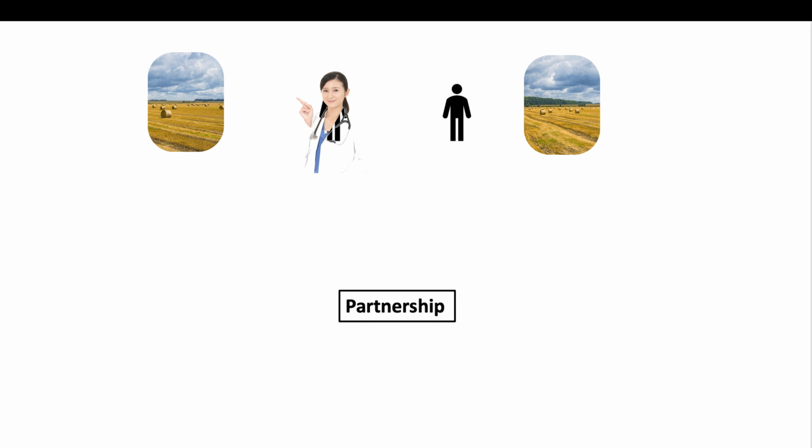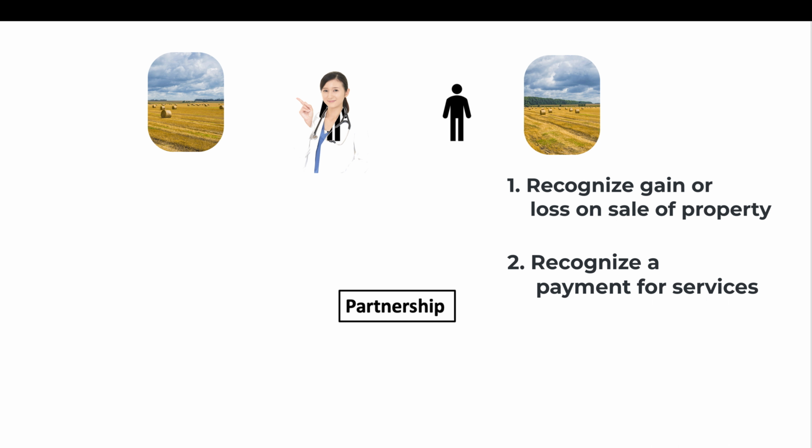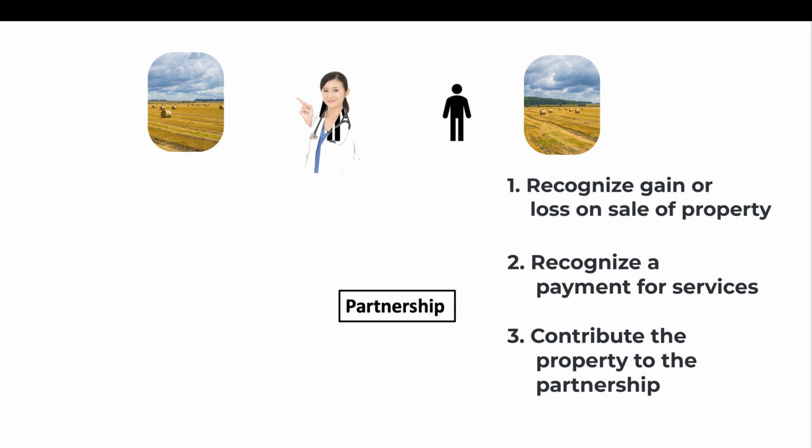The McDougall case held that the partners who are contributing property in this situation must, first, recognize the gain or loss on the sale of the property. Second, recognize that they also paid for services. And finally, contribute their remaining property to the partnership in a tax-free transfer under Section 721.